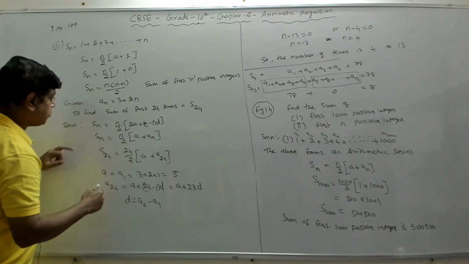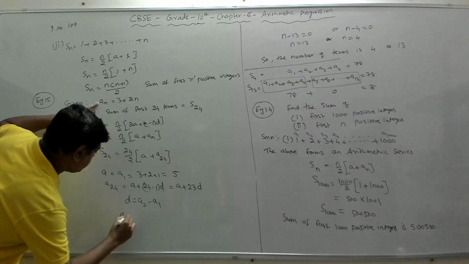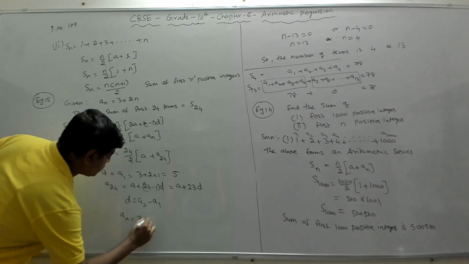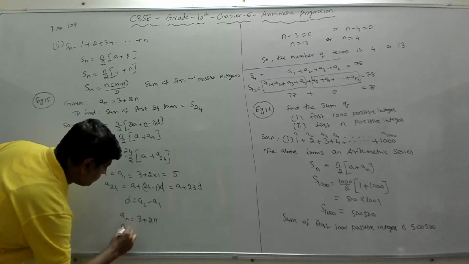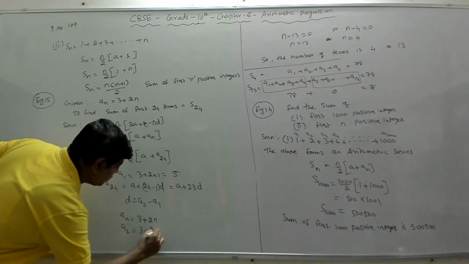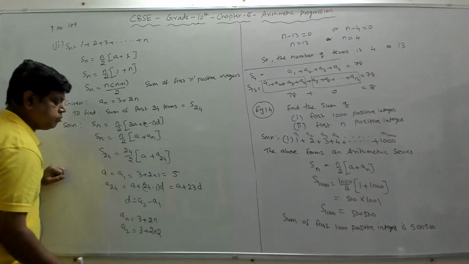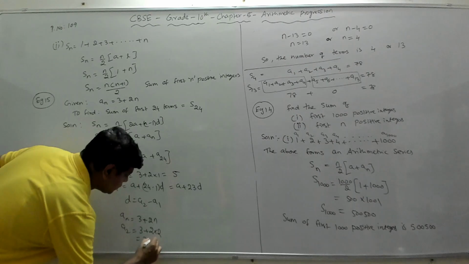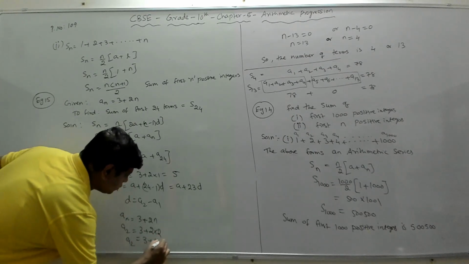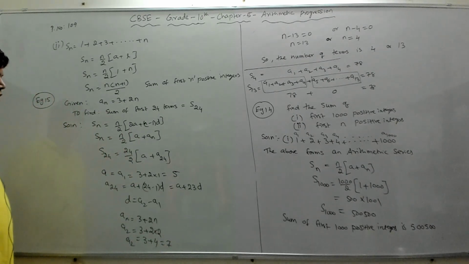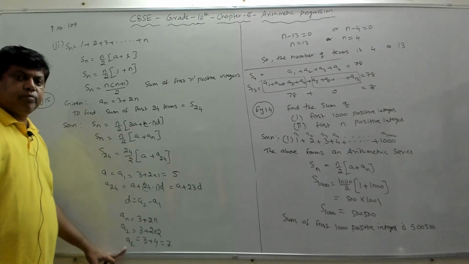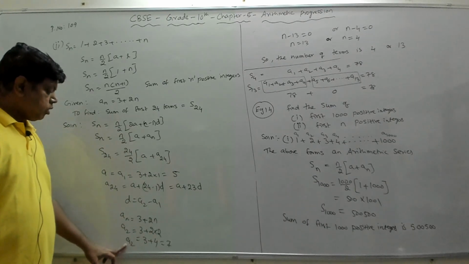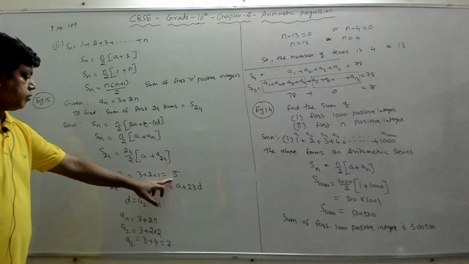What is A2? Using this formula, an is 3 plus 2n. This is given. So my A2 will become 3 plus 2 into 2. In the place of n, I am putting 2. So it becomes 3 plus 4. So A2 is 7. Now we know A2 and we know A1, we can find d.